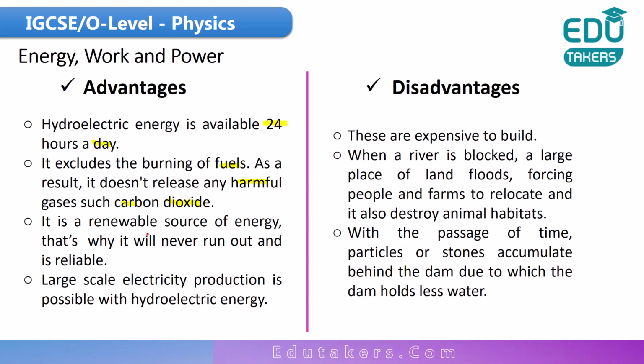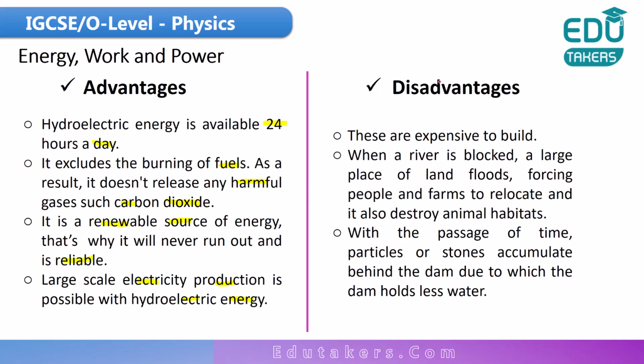It will never run out. So the same point is given here. It is a renewable source of energy. That's why it will never run out and is reliable. We can obtain the energy from this method on a large scale. The large scale electricity production is possible with the hydroelectric energy.